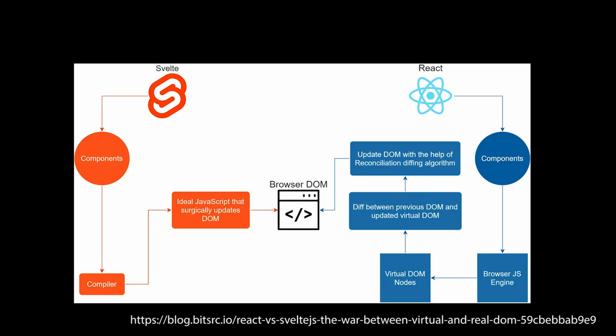One last thing that I want to talk about is how both Svelte and React differ in how they change the DOM. So you might have heard the term VDOM or virtual DOM in association with React or any of these JavaScript frameworks. Back in 2013, React came out and said, hey, changing the virtual DOM is really quick, but changing the real DOM is exhaustive and intensive.